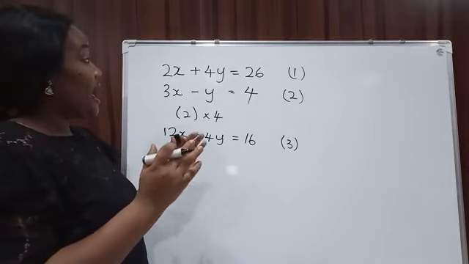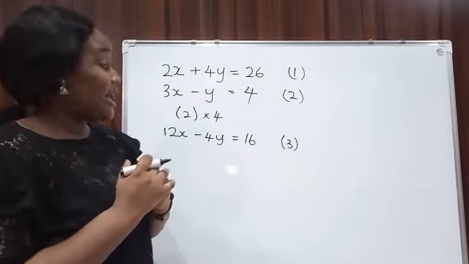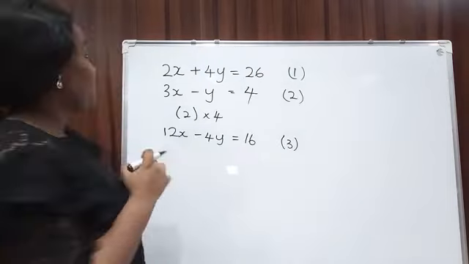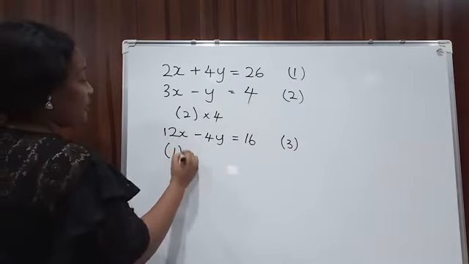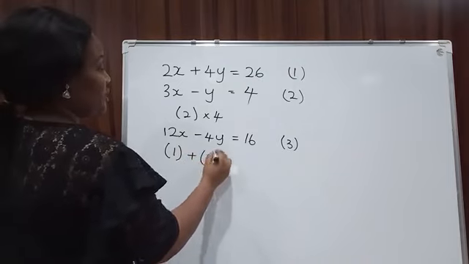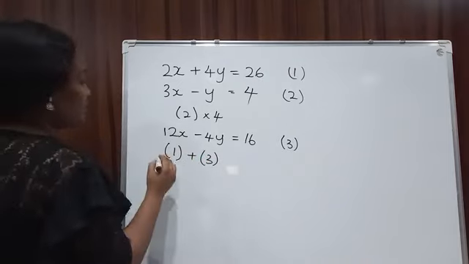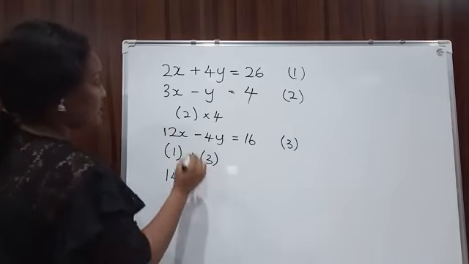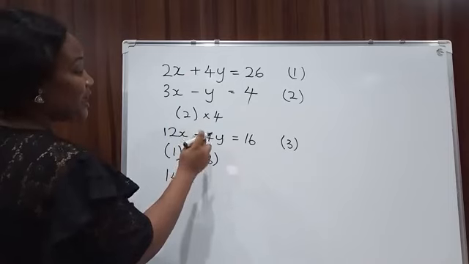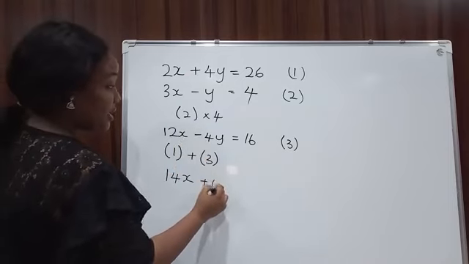So we add equation 1 and equation 3, which gives us 2x plus 12x, which is 14x. 4y plus minus 4y gives us the 0 we talked about earlier.